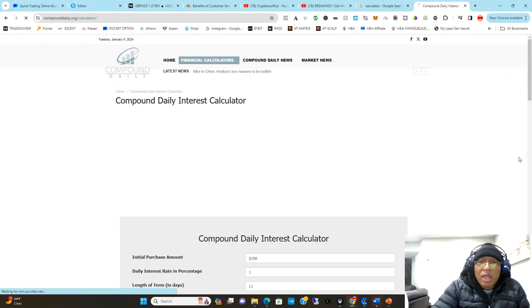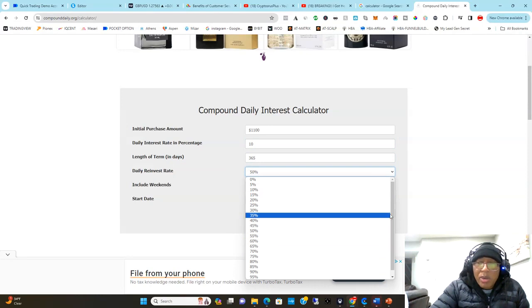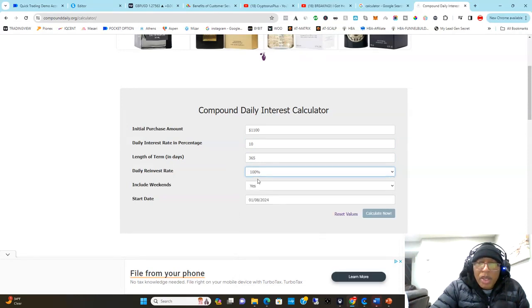Oh, sorry, it's this one here. We start at 1,000, with a daily interest. Let's say we are growing this by even 10%. Length of term in days, let's say 365. We are investing 100%, not withdrawing anything, starting on that day. Let's see what it's going to give us.